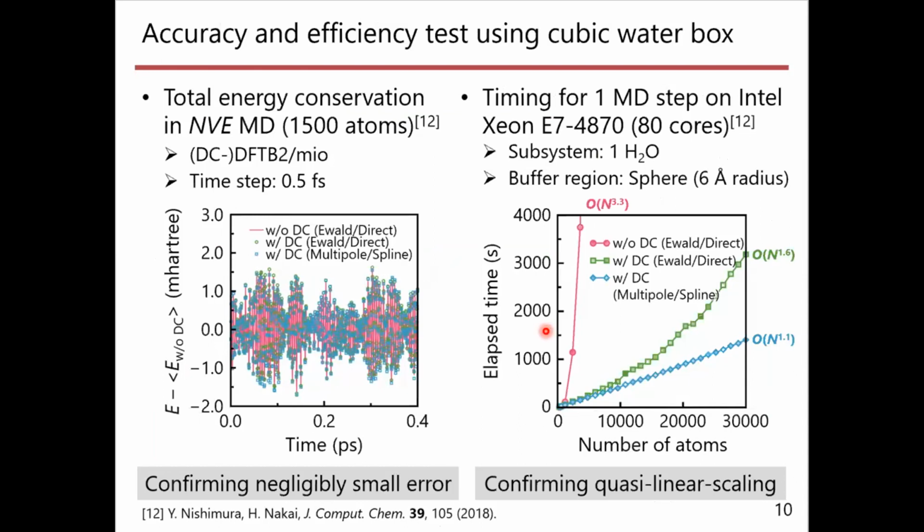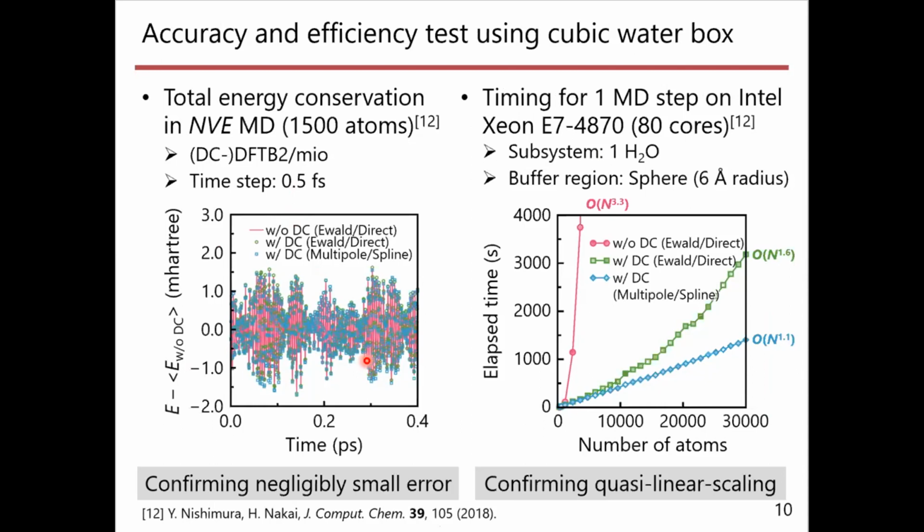Second, for the second term of the gamma function, which involves a large number of division and exponential operations, cubic spline interpolation was used instead of direct computation to increase the efficiency, considering its short-range nature. And these two algorithms can be implemented compatibly with the massively parallel algorithms presented in the previous slide.